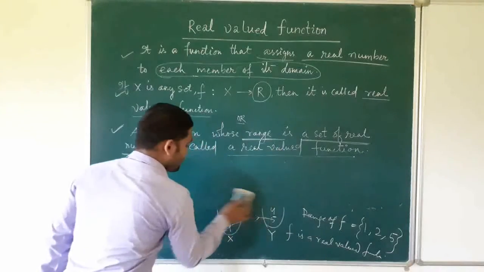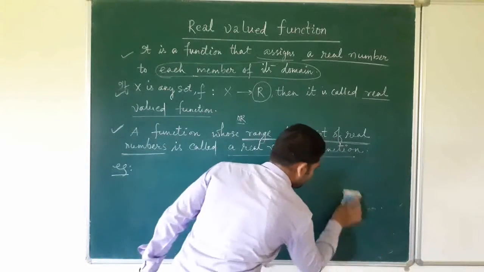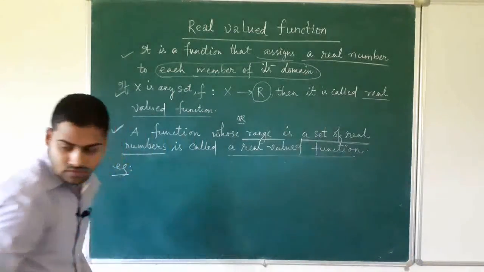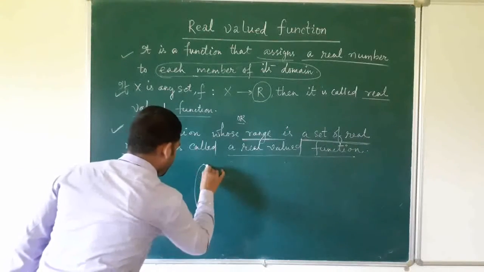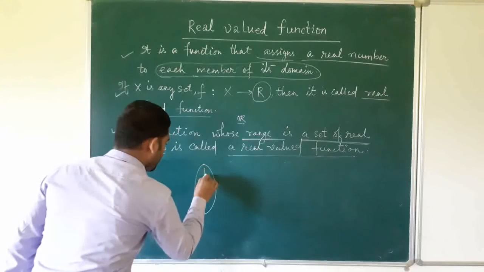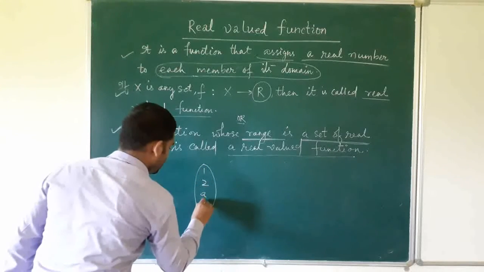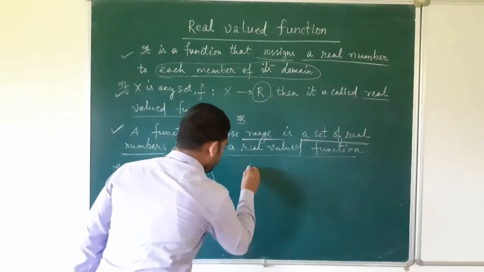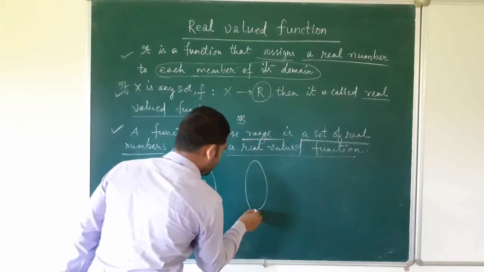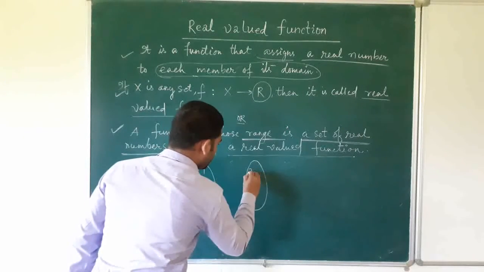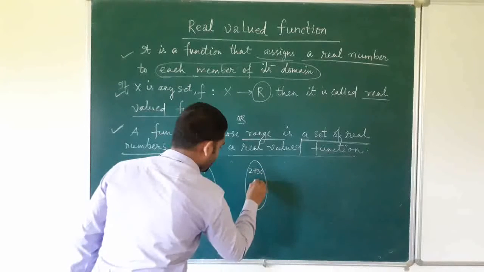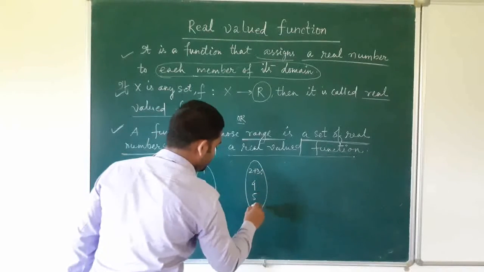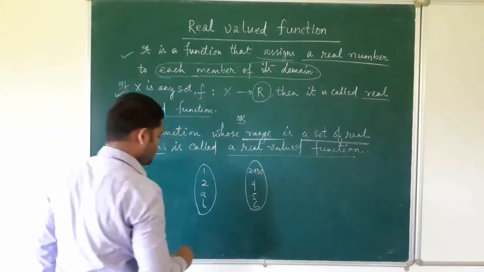Now we take another example. See, 1, 2, A, B, here 2 plus 3i, 4, 5, 6.